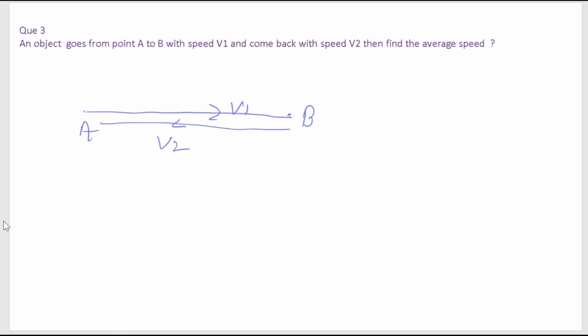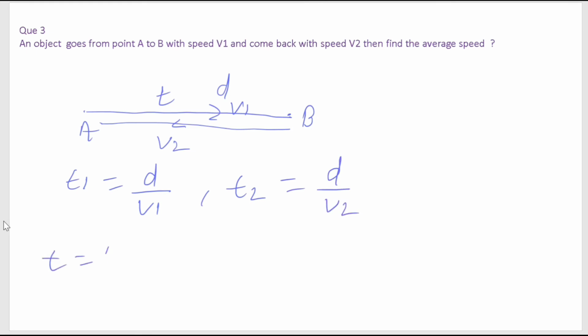Suppose the distance between A and B is d. Then the time t1 from A to B is d upon v1, and t2, the time from B to A, with the same distance d and speed v2, is d upon v2. So the total time t equals t1 plus t2, which equals d times (1 upon v1 plus 1 upon v2).